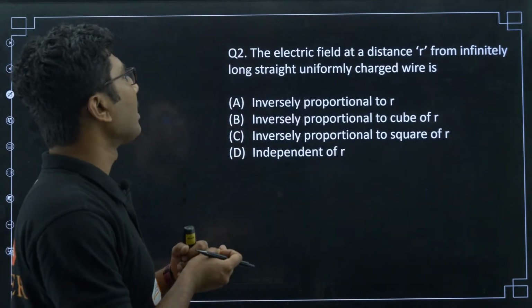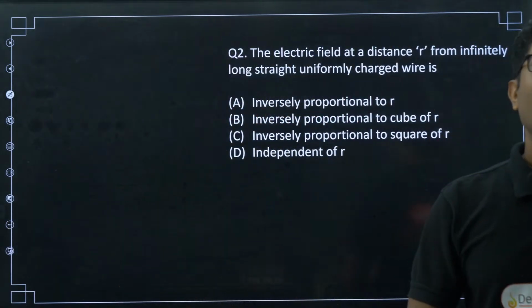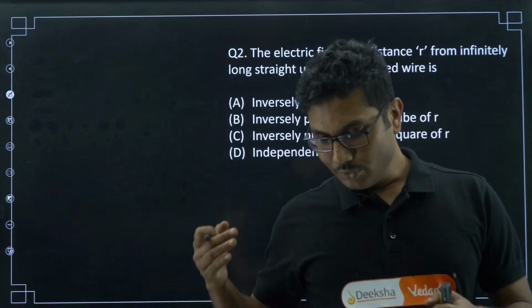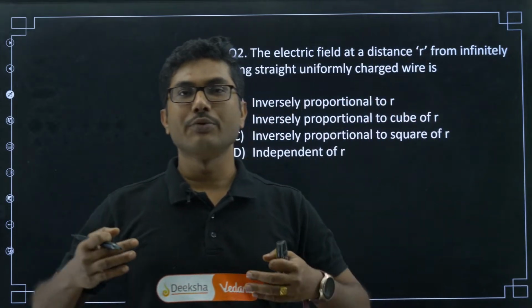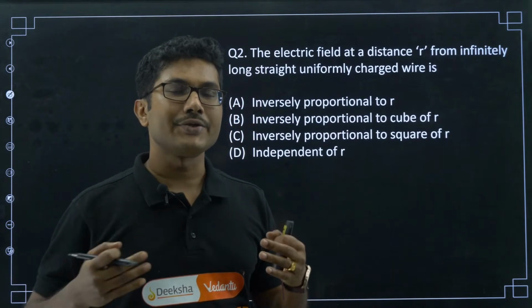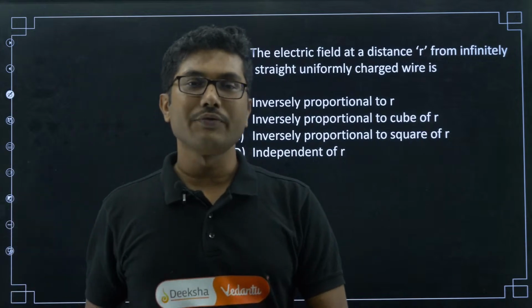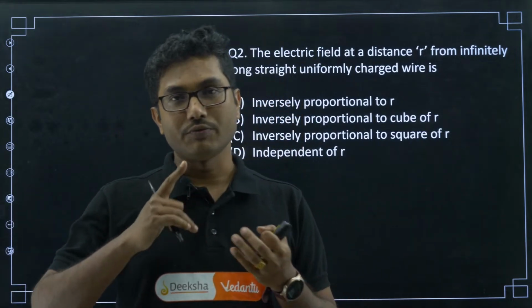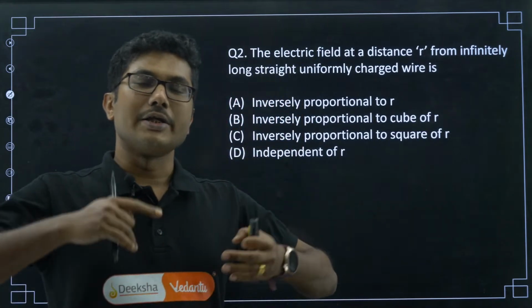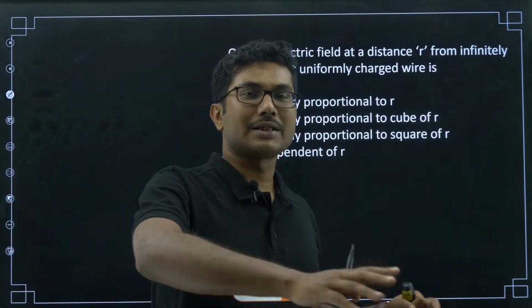Now, question number 2. This is a way to answer even if you do not know the answers. How can you choose the correct options if you do not know the answer? Use your logical thinking. Logical thinking is very, very important while answering MCQ, and this is true not only for physics, it is true for chemistry, biology, mathematics, Kannada, English, all the subjects.